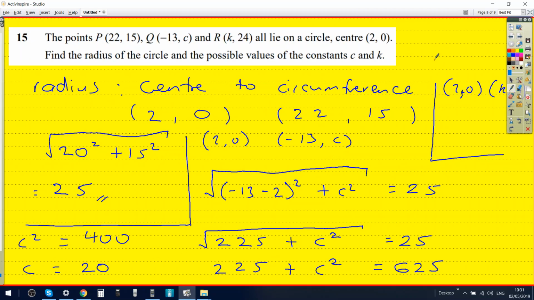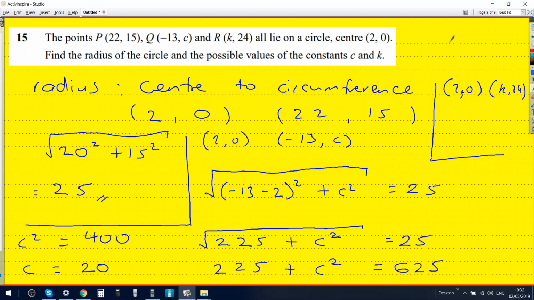And then for circles, how do you find the radius of a circle? You look at the difference between the centre point and a point that lies on the circumference.